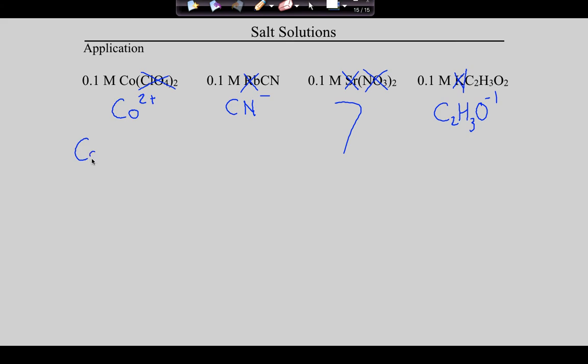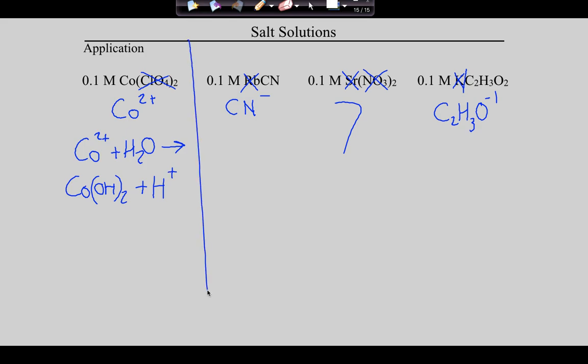So guys, cobalt ion, what will it do to water? Will it attract an H or an OH? OH. So this is going to form Co(OH)2 and hydrogen ion. Now let's look at our next one. I'm going to put this in silos. So guys, what about cyanide ion? What will it do to water?